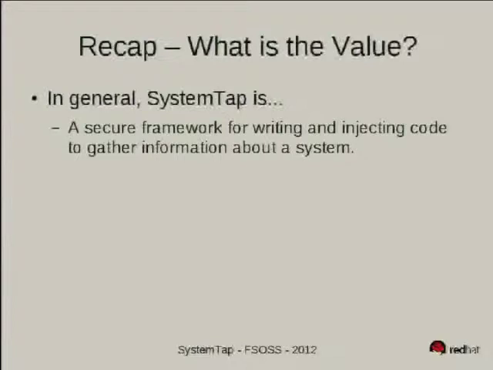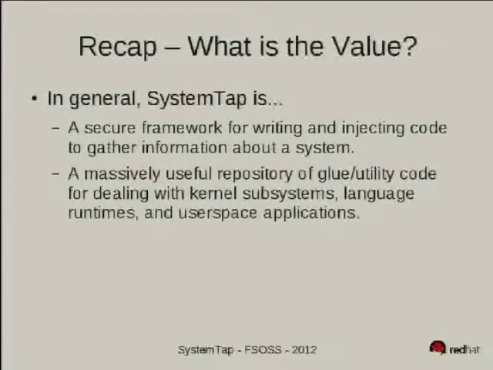Not only do you have the actual language which performs safety checks and has resource limits that keep you from doing something that would crash the kernel, it also has a massively useful repository of glue code in the form of the tap sets to aid you in actually interacting with various subsystems and extracting information from them.